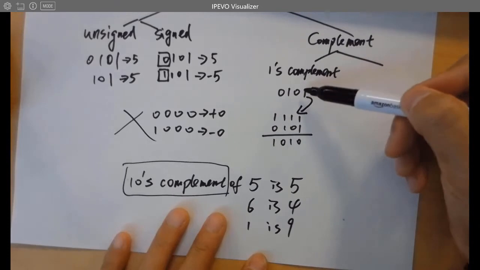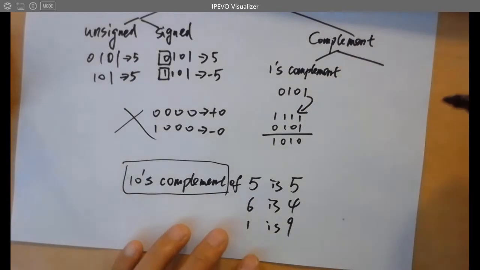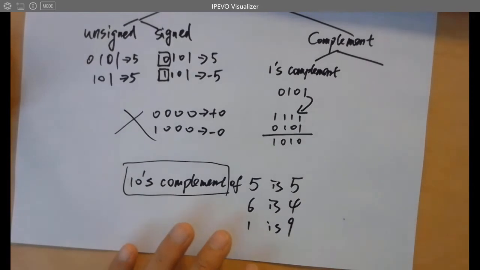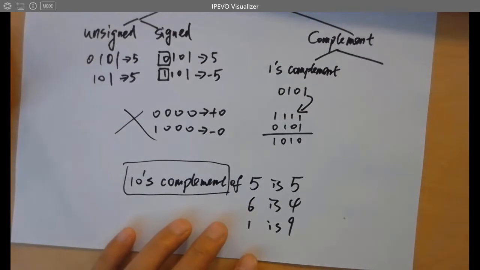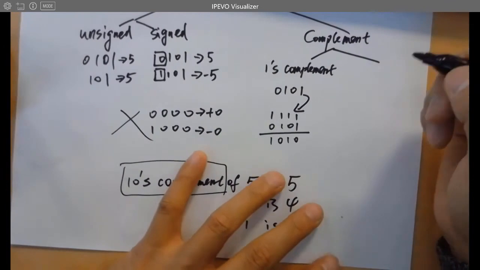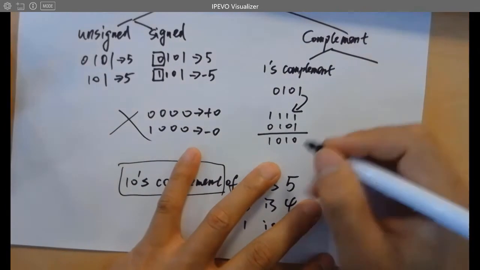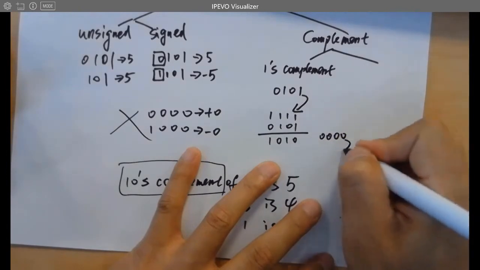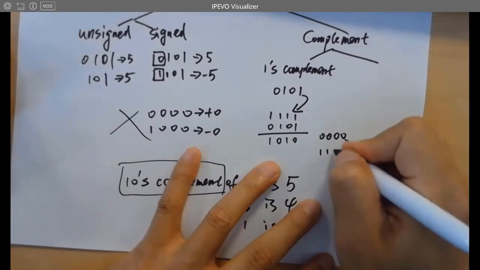For example, this is 5, so let's use this number as minus 5. You just make a lookup table in the computer, to let the computer know this is a positive number and these are all the negative numbers. Now here's a problem. What about 0000, whose 1's complement is 1111?